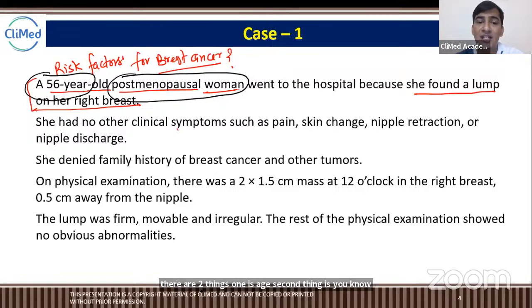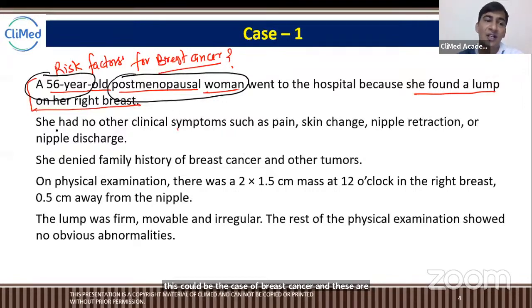There is no estrogen, so there is hormonal imbalance, and due to that deficiency of estrogen there are high chances of getting benign tumors, or the breast cancer, what we say, right? So these are the two risk factors.